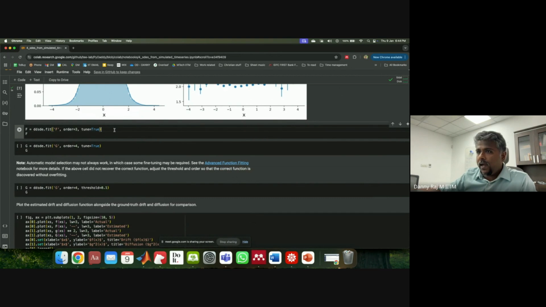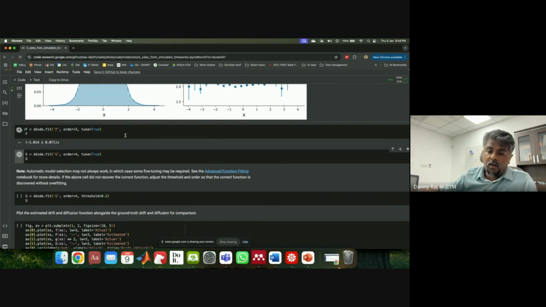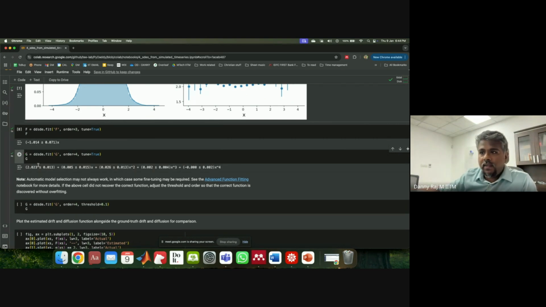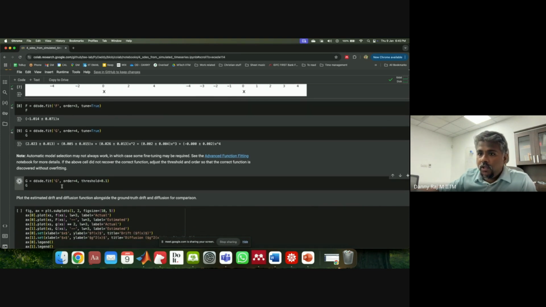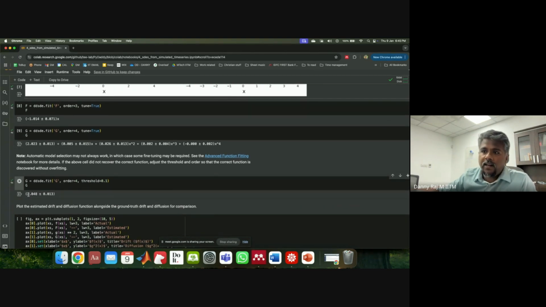So now you can go back and do your sparse regression to get functional forms for this F and G. And look at what you get, close to -1. And these are all very small parameters. But this is a large parameter. So here, many more parameters are estimated when the tuning is automatic. But if you tune it yourself, you get a reasonable estimate. G square estimate is 2.